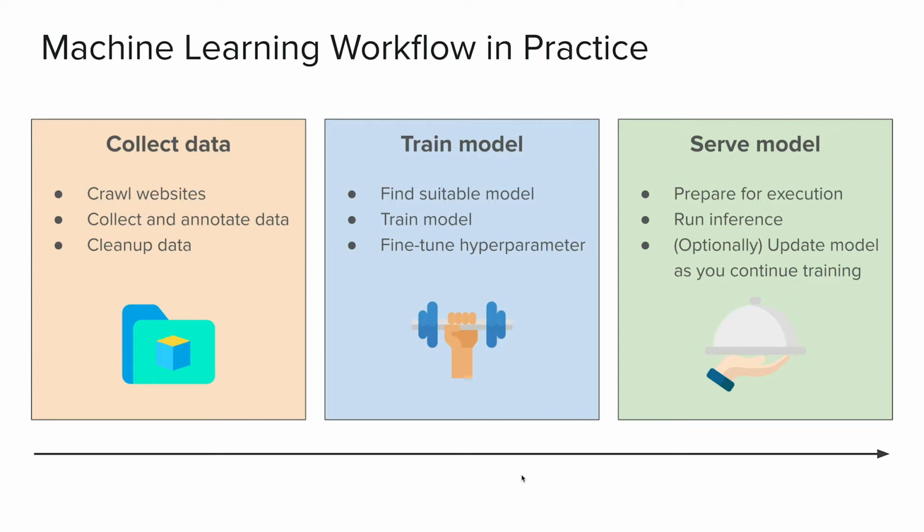So we train our network again, have new weights, and then we want to update our models in production as well. So that is an option for many real-world systems where we have this continuous improvement, where we need versioning and many other things. So that's all included in serving a model.